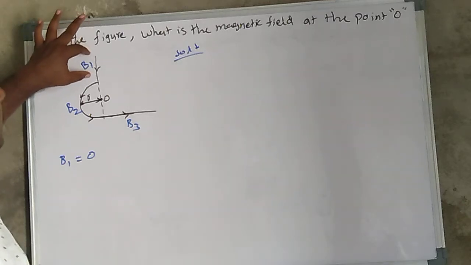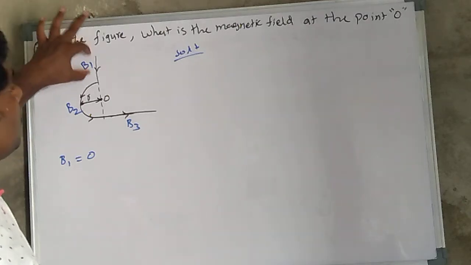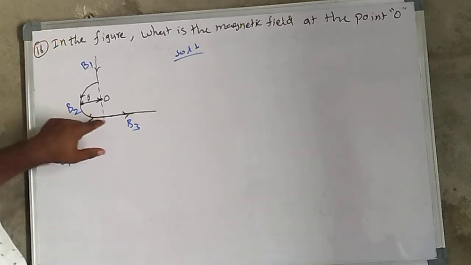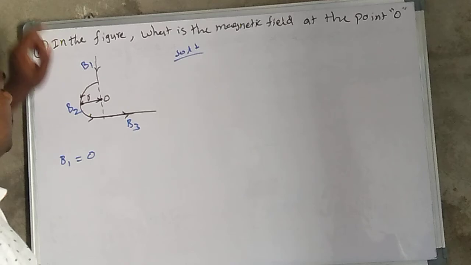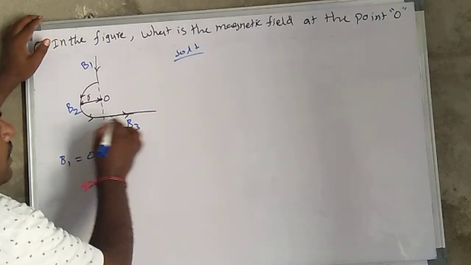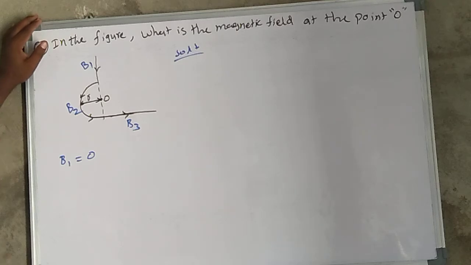That's why the magnetic induction value becomes 0, because the angle is 0. So here the angle is 90 degrees for this B3. According to Biot-Savart law application, mu naught I divided by 4 pi R into sin theta 1 plus sin theta 2. Theta 1 value 0, theta 2 value 90 degrees.